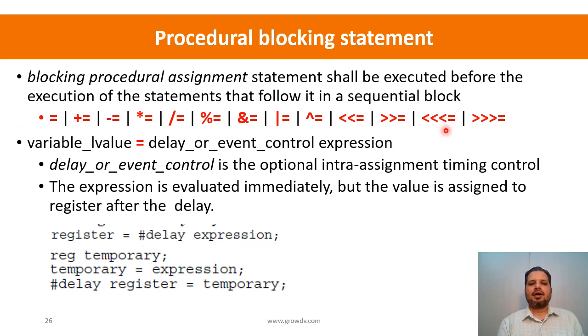So that the effect of it can be seen by the next statement. That's the main idea. And we have already looked at some of these operators, the simple equal to, plus equal to, minus equal to, in the context of operators.